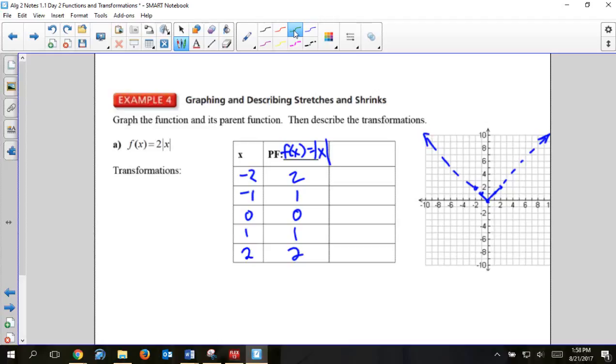We have our parent function graphed. And we're going to look at the equation, and we're going to see how is this equation different than the parent function? How are they different?